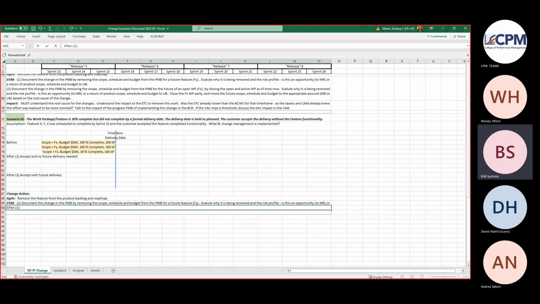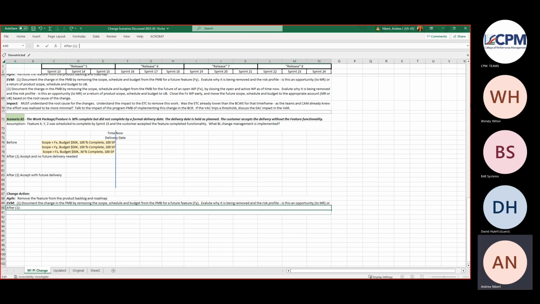I would have thought that if you didn't complete the feature that was originally there, it's a scope change, so you would de-scope the portion that wasn't done because it's no longer required. Well, the feature itself is the scope.